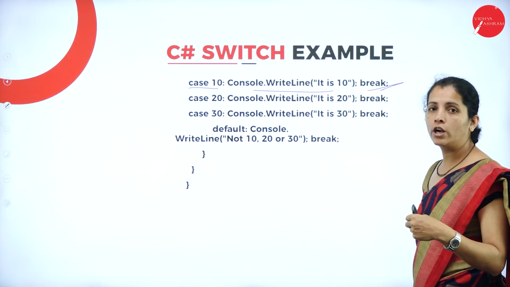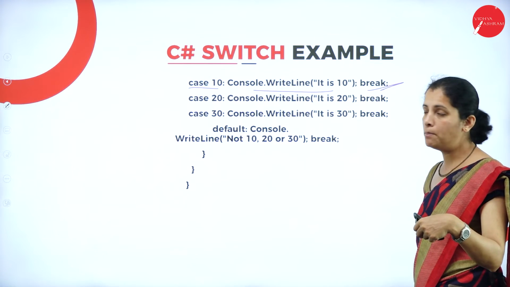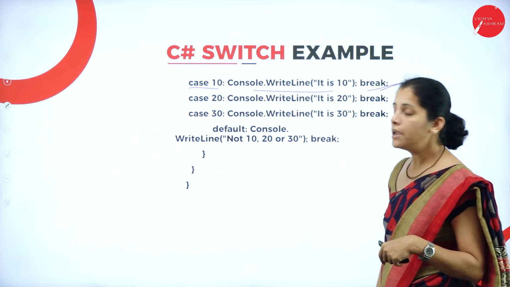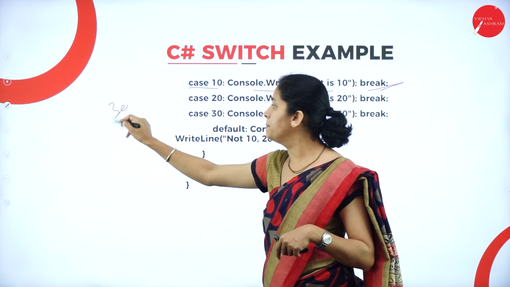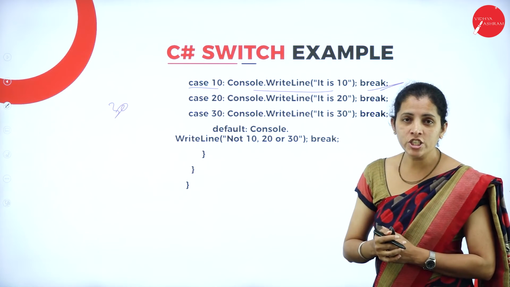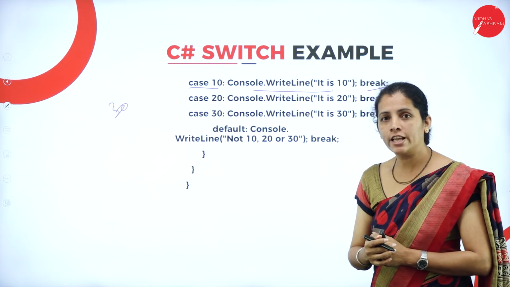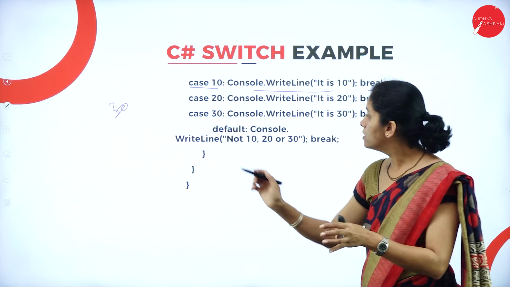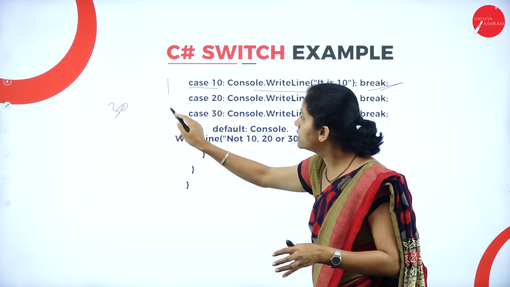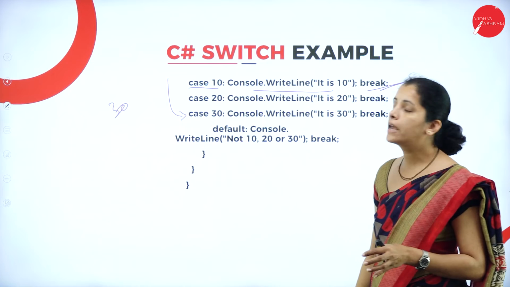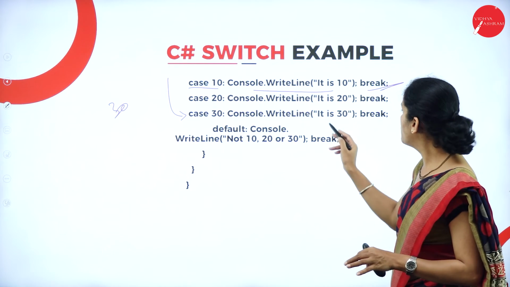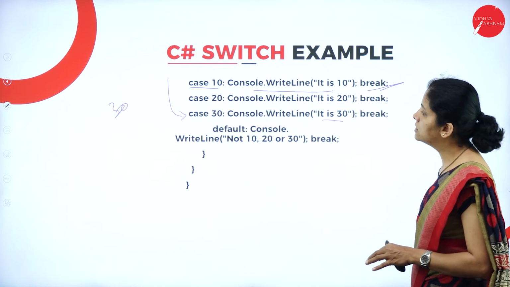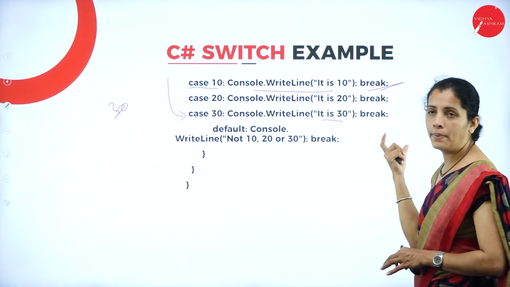Once again, I want to read the number. At that time, if I press 30, in my switch statement, I'm going to check switch 30, and the control transfers to case 30. Now I'm going to print it is 30 and break.